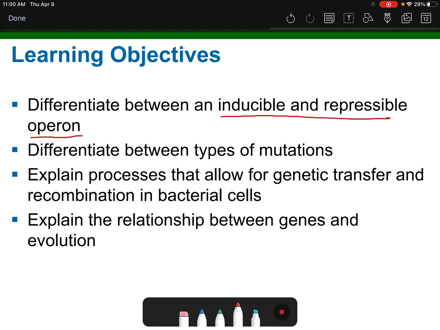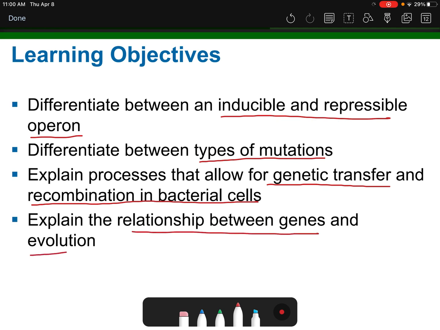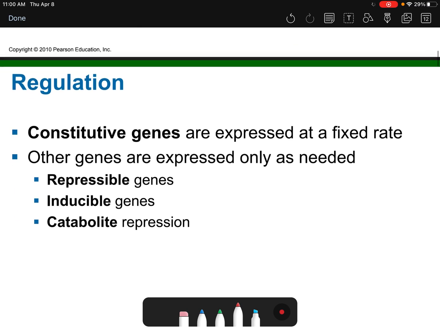We're also going to look at different types of mutations, and then see how prokaryotes are able to do genetic transfer and genetic recombination, and then look briefly at the relationship between genes and evolution. So a lot of a hodgepodge of things in this last section of notes.